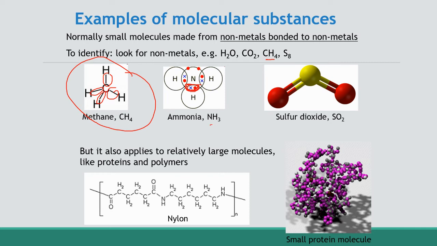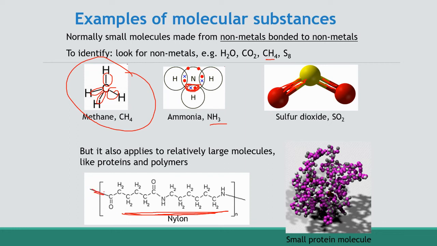Ammonia is NH3. Sulfur dioxide is shown in a ball and stick model, and these are the covalent bonds. There are actually two covalent bonds, which means there are 4 electrons holding those atoms together for really strong covalent bonding. Nylon is an example of a polymer, a plastic, and it's really, really long.